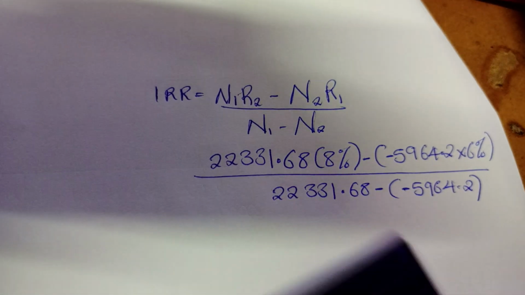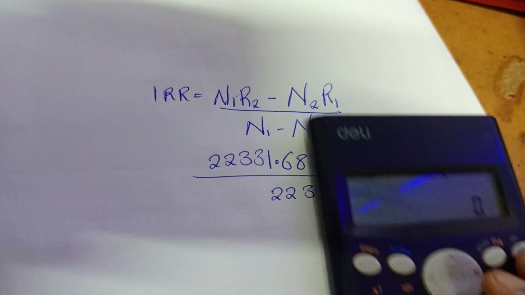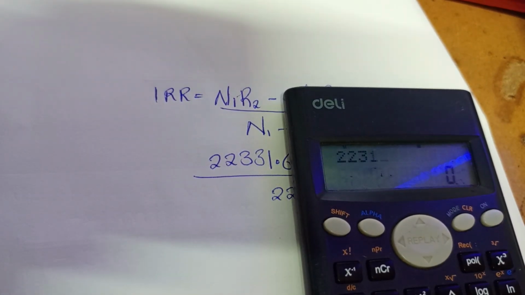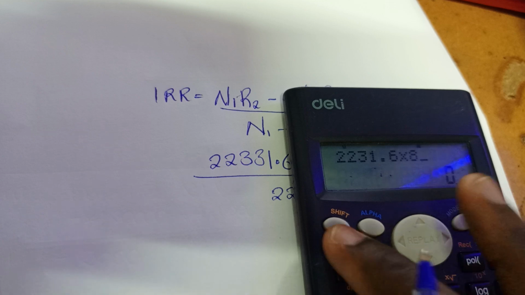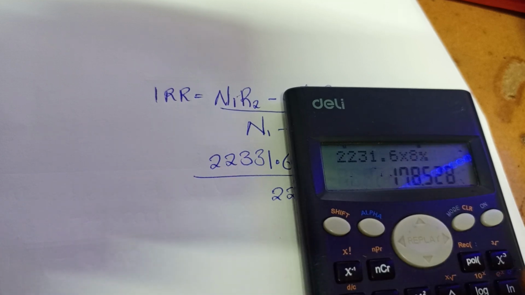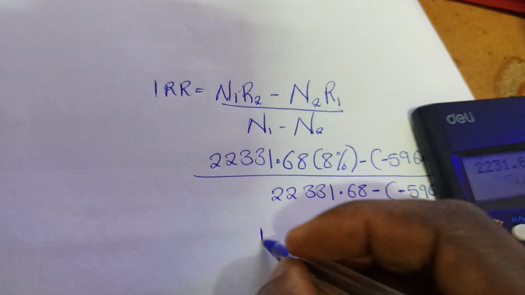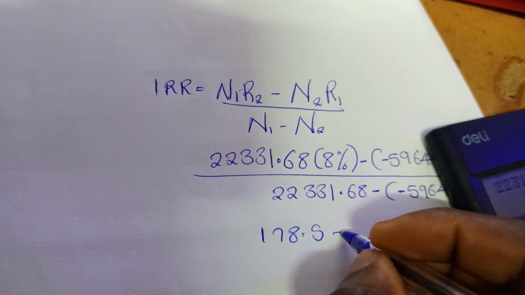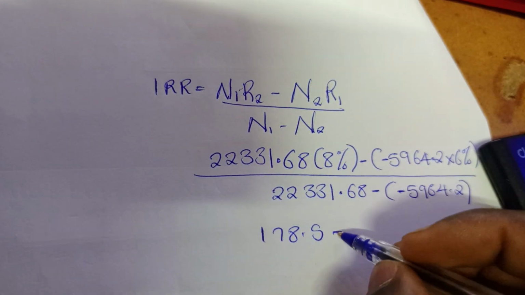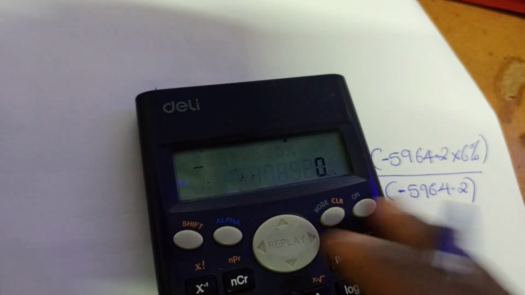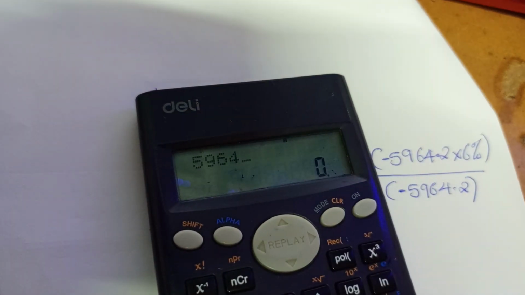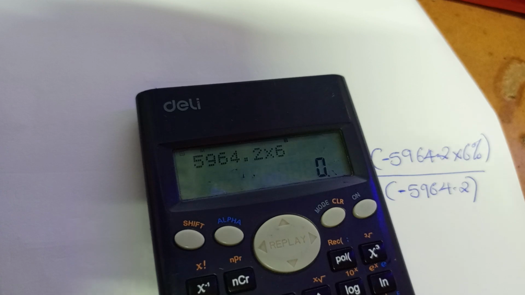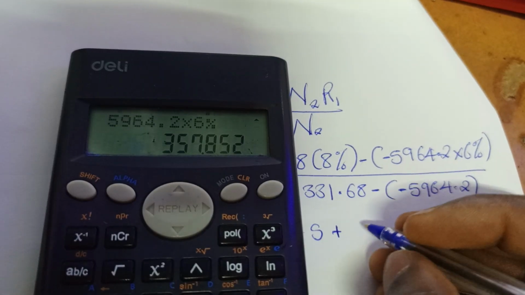Then from here, you just do your computations. So you just go directly 22,331.6 multiplied by 8%. You will get your answer to be 178.5 minus, then remember negative times negative is what? Positive. So in short, you have 5,964.2 times 6%.